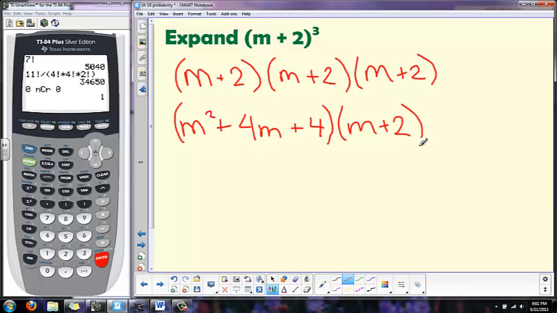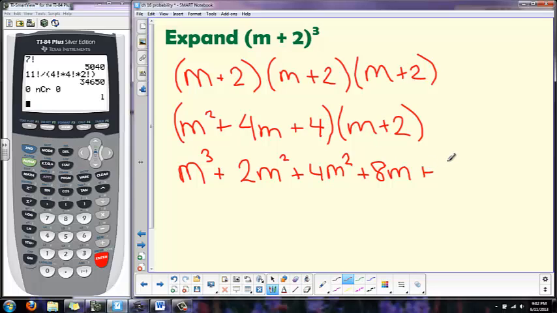Let's see what we're going to get. m squared times m is m cubed, plus 2m squared. Now I'm going to do 4 times m, which is 4m squared, plus 4 times m gives me 8m, plus 4 times m is another 4m, plus 8. Then we can go ahead and combine all of our like terms.